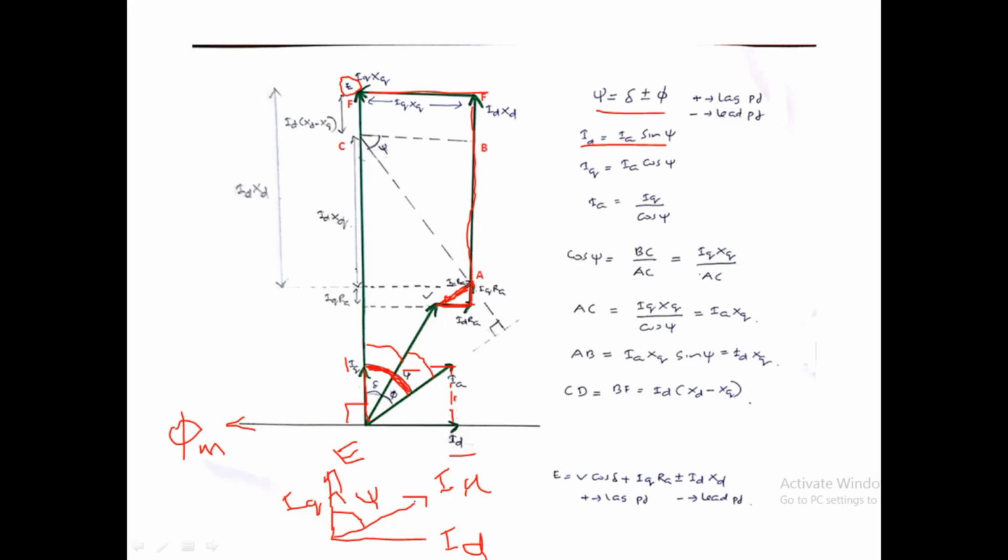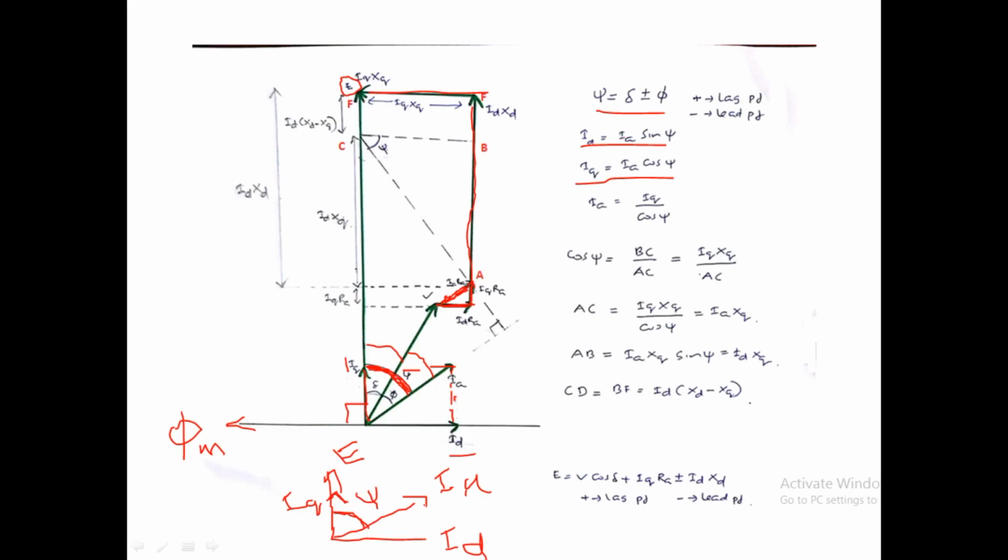Now how will we resolve it? If the psi angle is here, whichever component is near this angle will be the cosine component. So Iq is near the angle psi, so Iq is equal to Ia into cos psi. Whichever component is far from that angle will be Id, so Id is equal to Ia into sin psi.